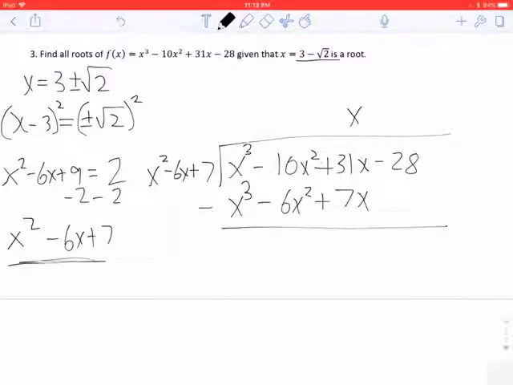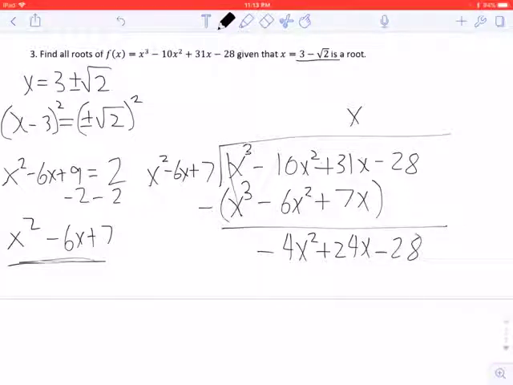Then we subtract, and that cancels out, goes to 0, and negative 10 minus negative 6x squared is going to be negative 4x squared. 31 minus 7 is 24. So plus 24x, and then the 28 just drops down.